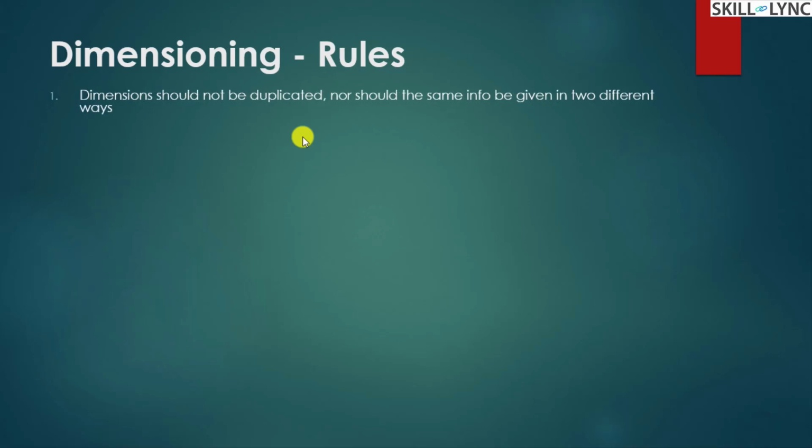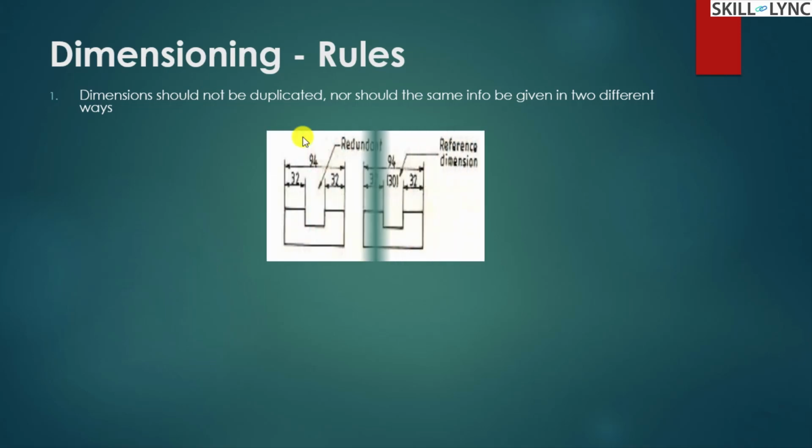So the first thing is that a dimension should not be duplicated in any case, and the same dimension should not be given in two different ways. Let us quickly look into an example. These are two different views of the same object. It's a symmetrical object, and in this case the total width of these two faces has been given as 94 units, and the individual lands have been given as 32, with a reference dimension as given here.